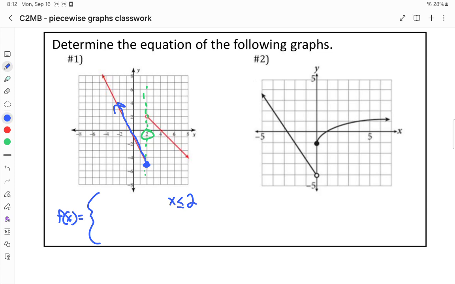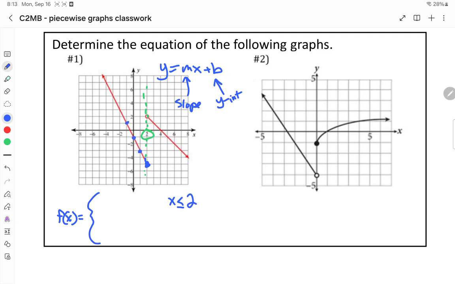So coming up with that equation, because these are both lines, we want to think about y equals mx plus b. We want to think back to our Algebra 1 days, where we have a slope and a y-intercept that we have to figure out. So the slope of this line on the left, I can count from the transition point up 2 over 1, up 2 over 1.